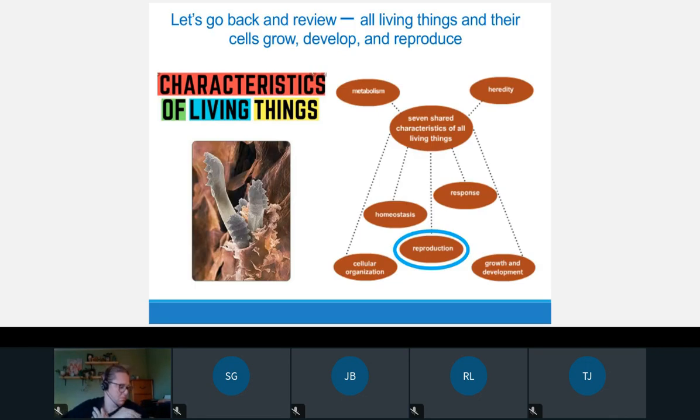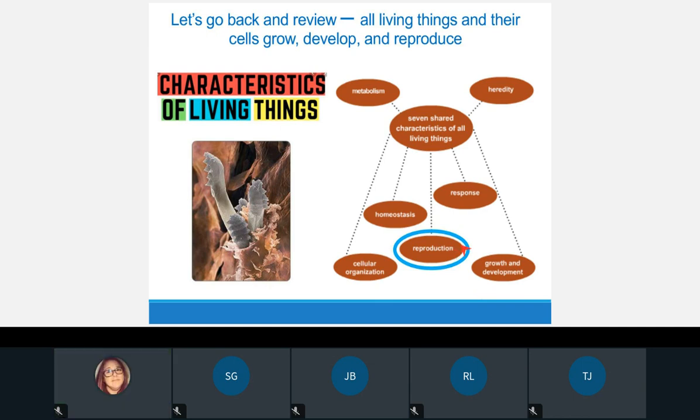Awesome. So at the very first unit of biology, we talked about what makes a living thing, right? We saw this chart-ish in a different form, right? We talked about things like metabolize, which metabolism means what we eat, food, that there's cellular organization, or it's made of cells, things grow and develop.